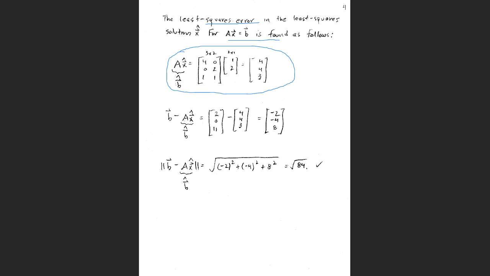which is going to give me 4, 4, 3. And then I will subtract the vector 4, 4, 3 from the vector b. And that gets me -2, -4, and 8. The least squares error would then just be the difference between that vector b and A times x hat, or the vector b hat.